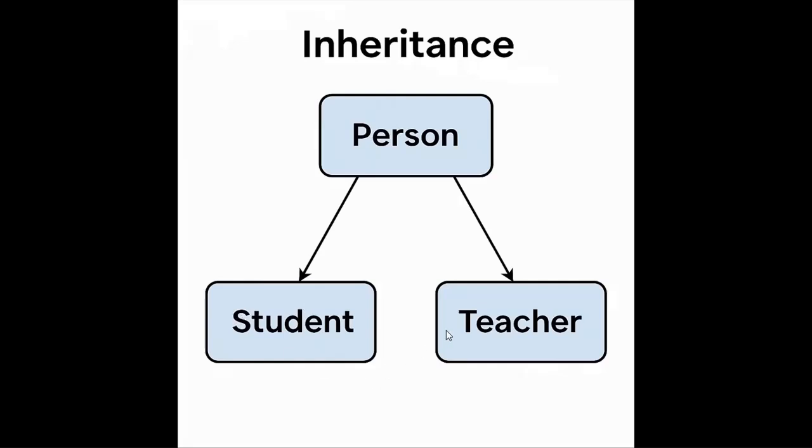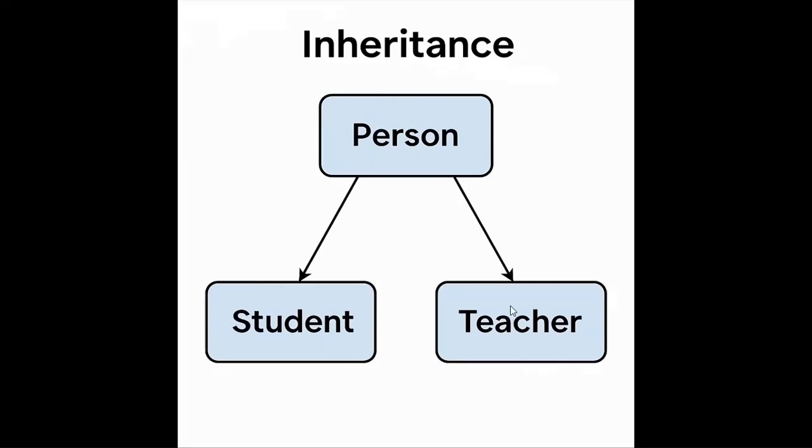And if we go to a teacher, specific data that tells us this is a teacher is a teacher's employee number or employee code. So instead of keeping those details, the name, age, gender, in the student class, we can simply have a centralized blueprint called person that can keep all the details of a student and a teacher.